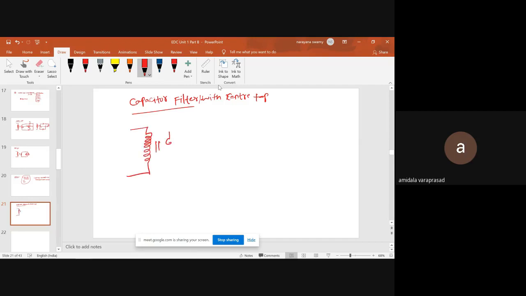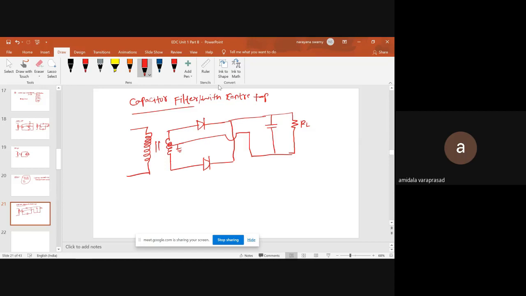Here one diode, here another diode, connected to ground. We have RL, this is the load. Capacitive filter means the capacitor has to connect parallel to the RL.